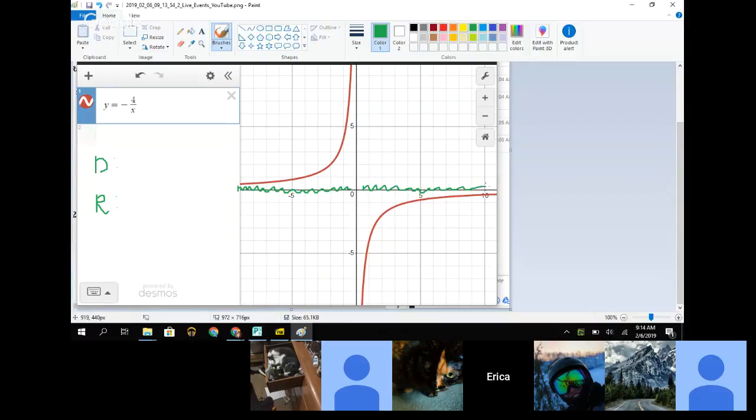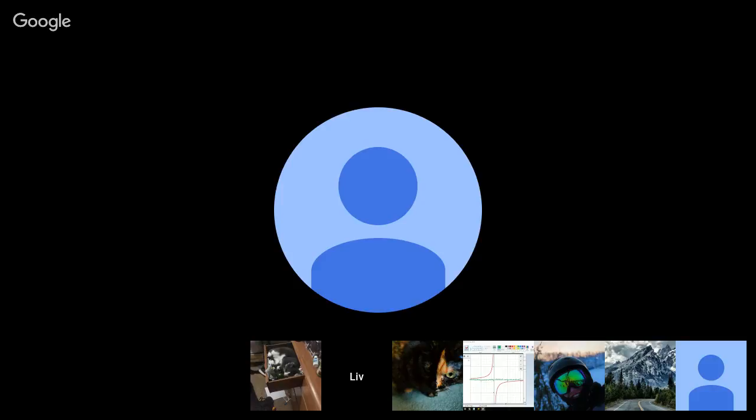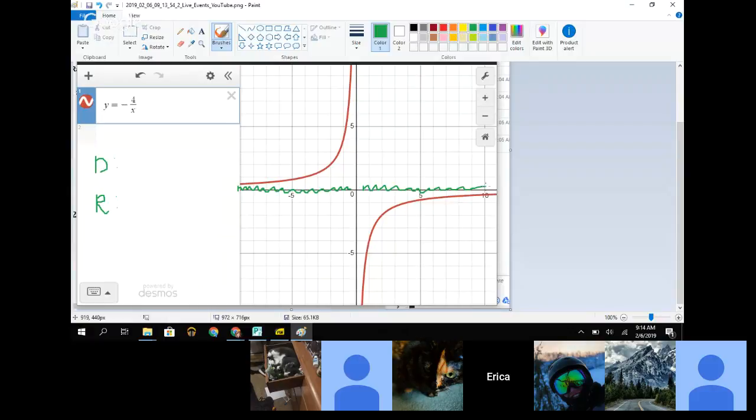So x is good for all real numbers except for when? Except 0. Yeah, exactly. So the domain would be all real numbers except, or you could say x cannot equal 0. Okay, x cannot equal 0.